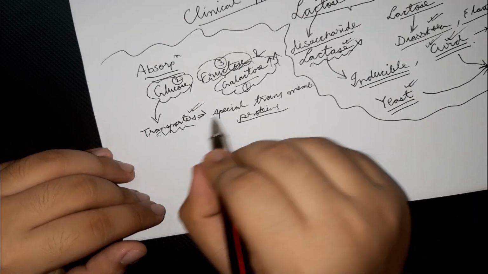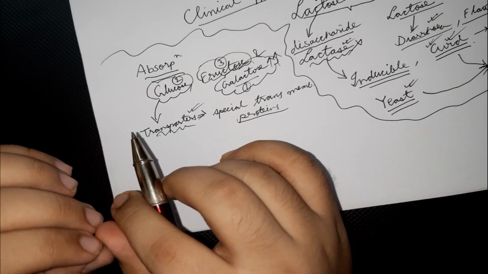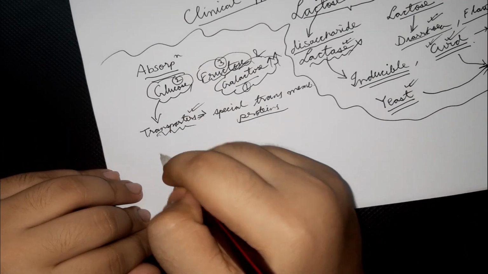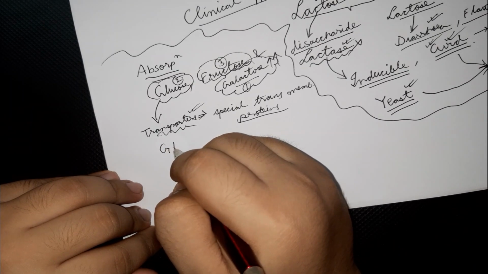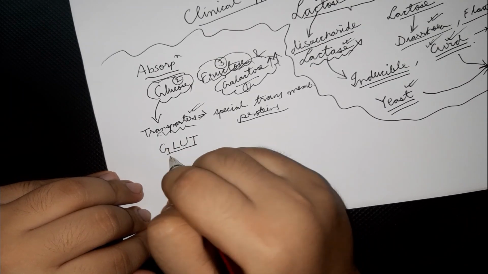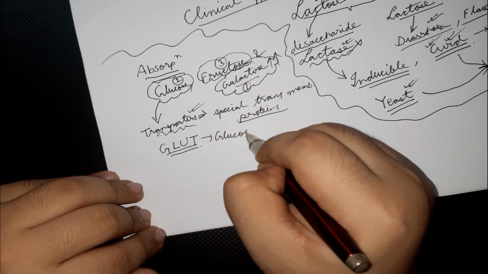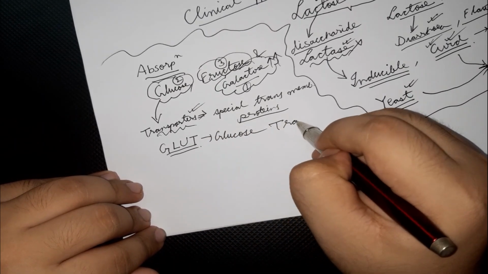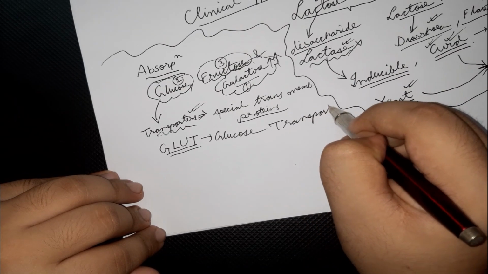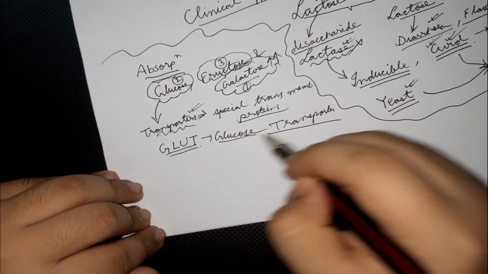There are a variety of transporters for glucose. All of them together are known as GLUT, that is glucose transporter. As simple as that, right? So together they are known as GLUT.